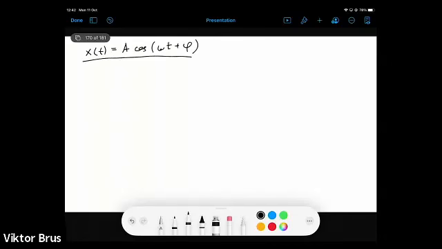We need to take the first and second derivative of this function over time in order to get the unknown velocity as a function of time and acceleration as a function of time. So for velocity, we take the first derivative over time.